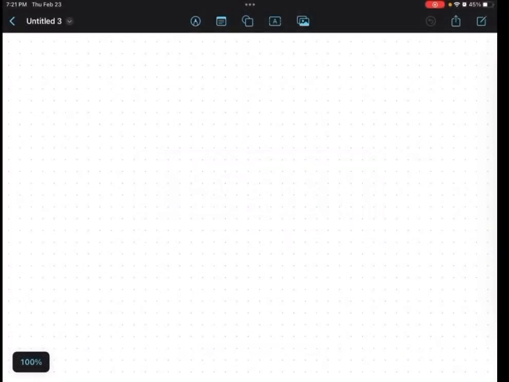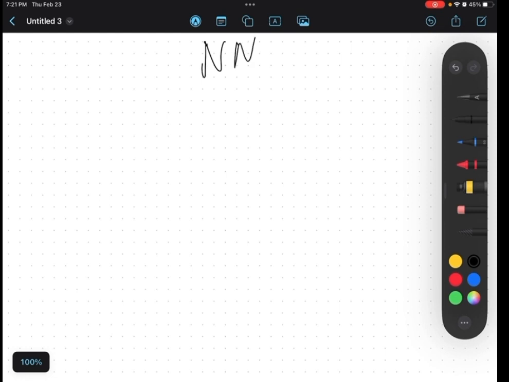I'm going to talk about the NMR, nuclear magnetic resonance. In short, it is known as NMR. And there are two types of NMR, called proton NMR and carbon NMR.